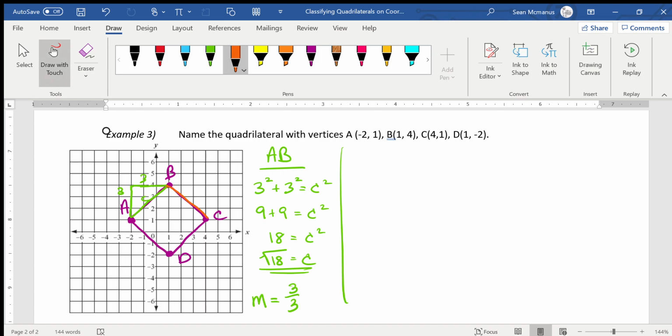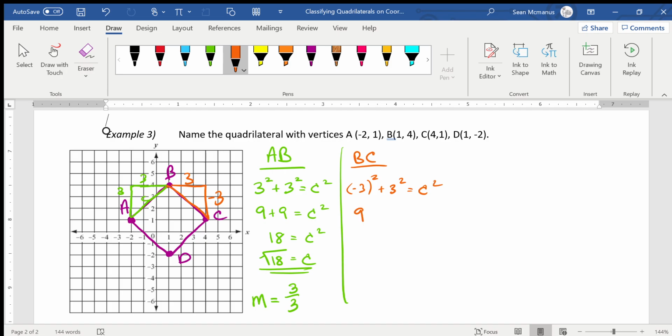So from B to C, it goes down 3, right 3. So I don't really need to worry about the sign of my triangle. I'll put it in there, negative 3 squared plus 3 squared equals c squared.